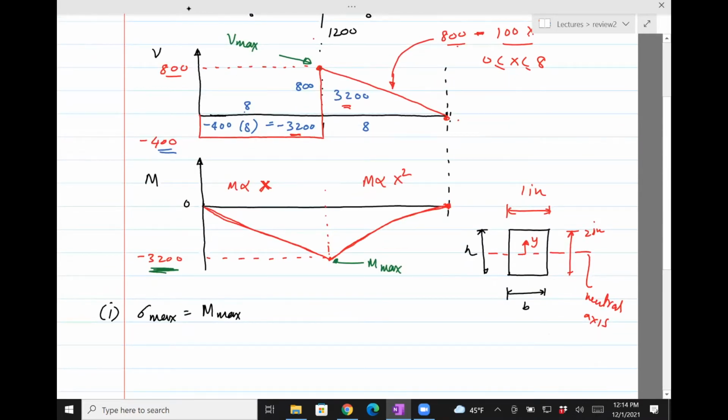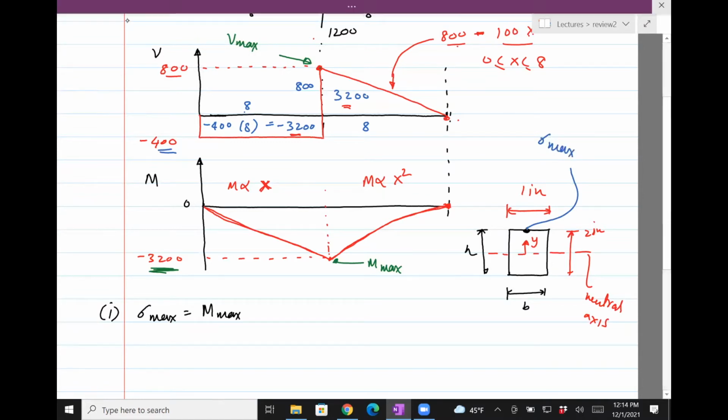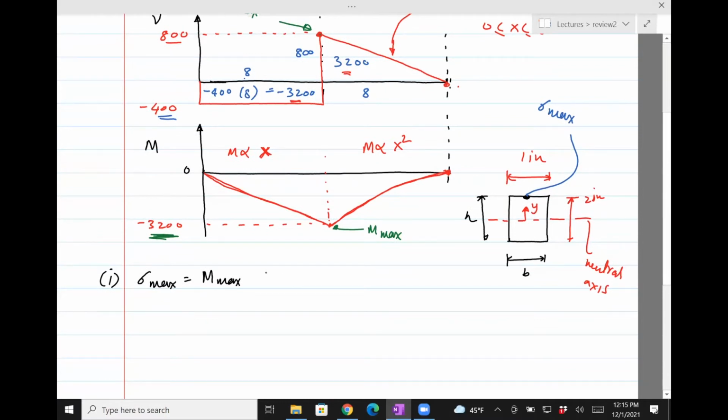So the tension sigma max will be here. And I can write the sign. It's going to be Y max, so it's going to be 2 divided by 2. That's the distance from the neutral axis, divided by the inertia, which is 1 divided by 12.